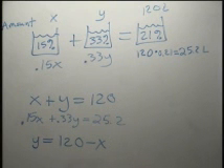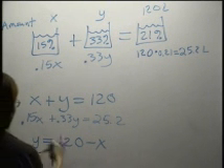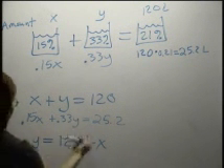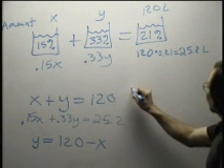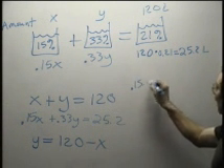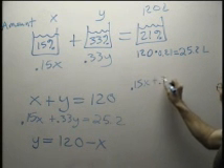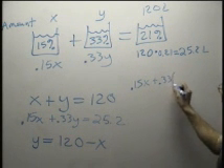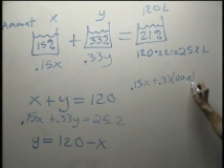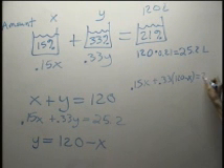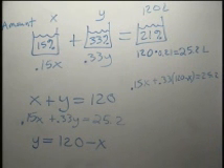Okay? Now substituting that into the second equation where y is, I'll get 0.15x plus 0.33y, and y is now 120 minus x, equals 25.2. I have a one variable equation.